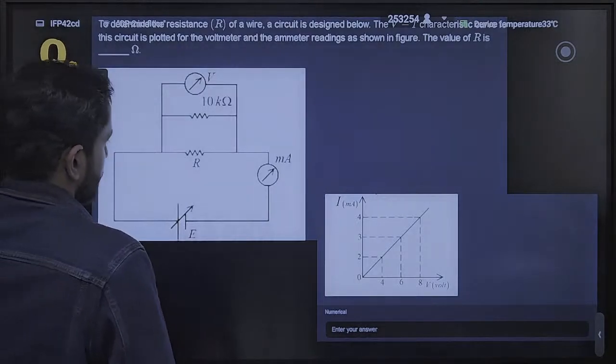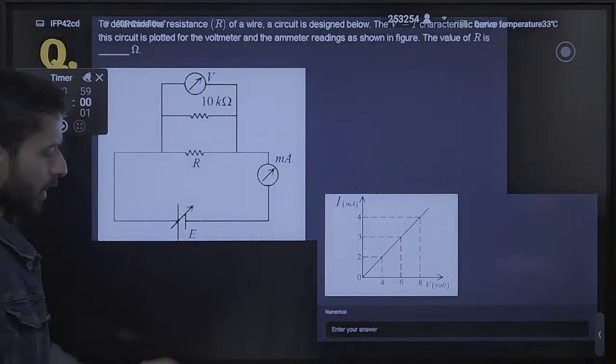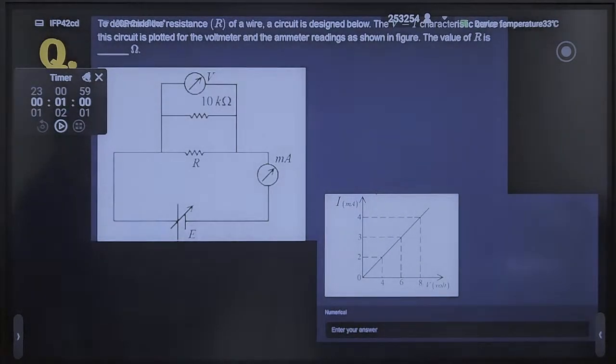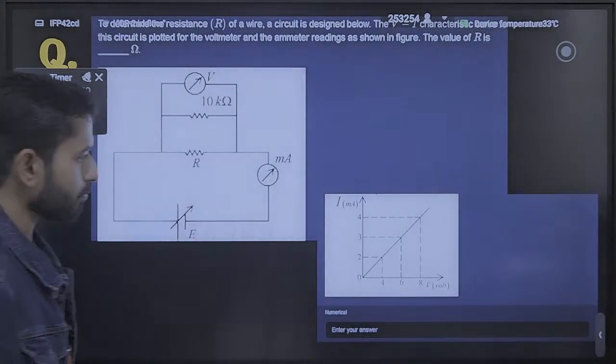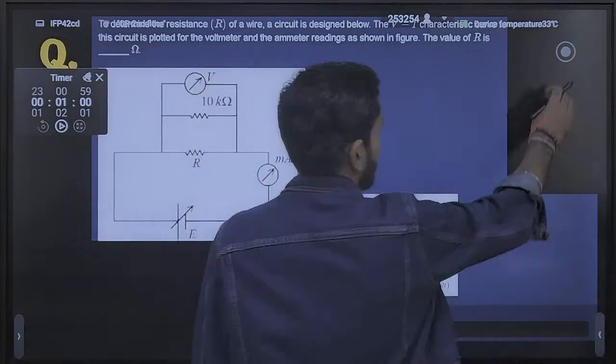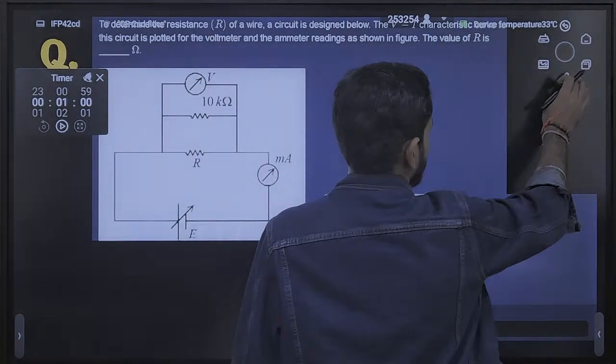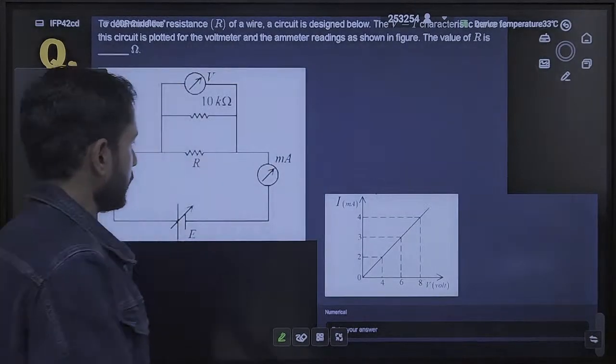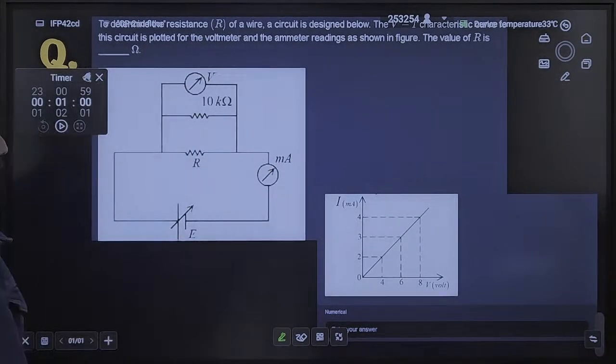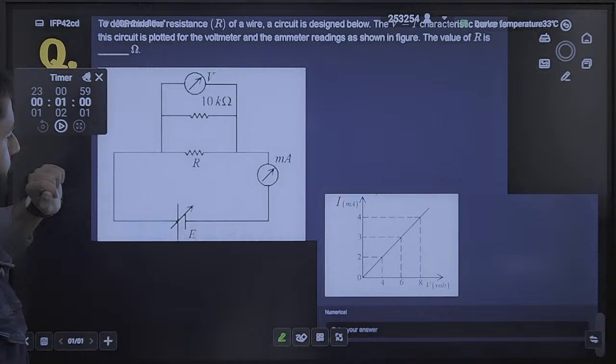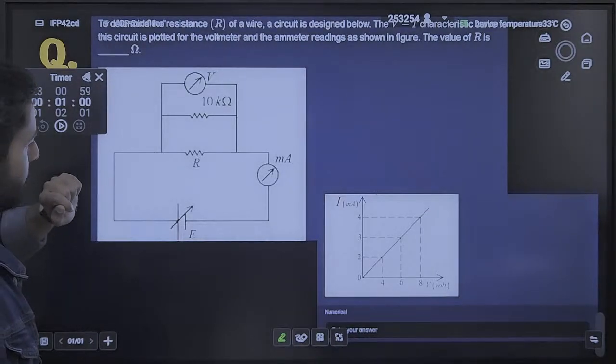What is R? Let's see how to solve this question. A curve is also given, let's see what value I can get from here. This is a circuit. What are the things that you can say?